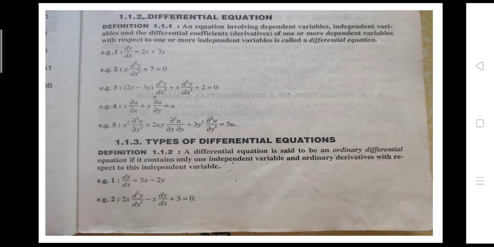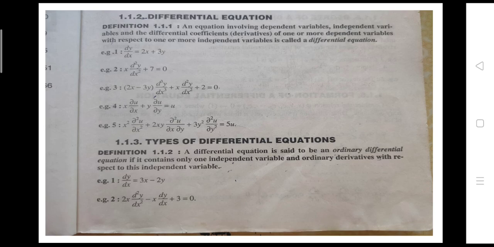So, what is a differential equation? An equation involving dependent variables, independent variables, and the differential coefficients of one or more dependent variables with respect to one or more independent variables is called a differential equation.